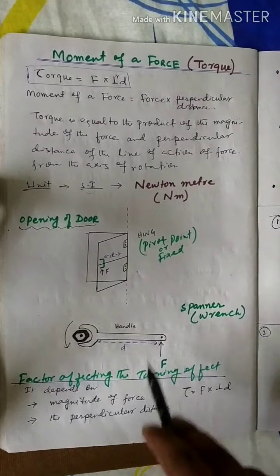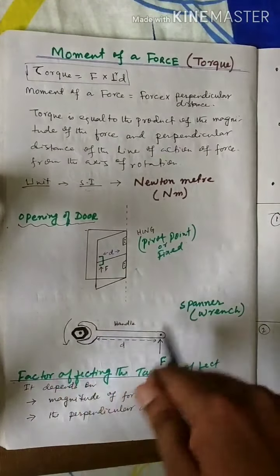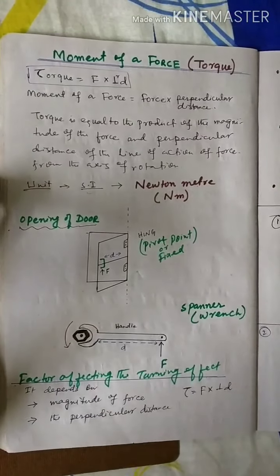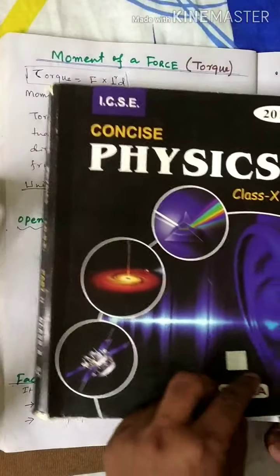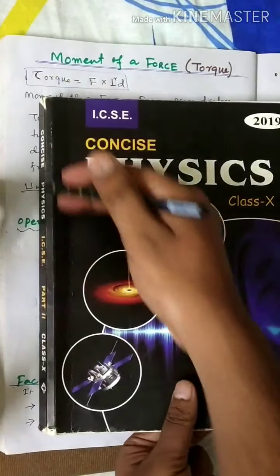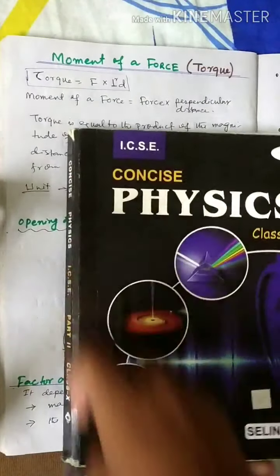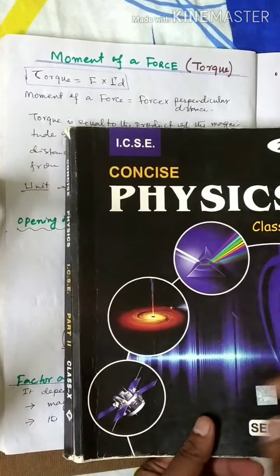Now here, look at this. This is a door, the opening of a door. This side is a hinge, or pivot point, or fixed point.